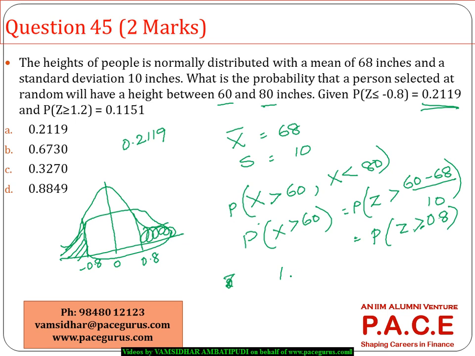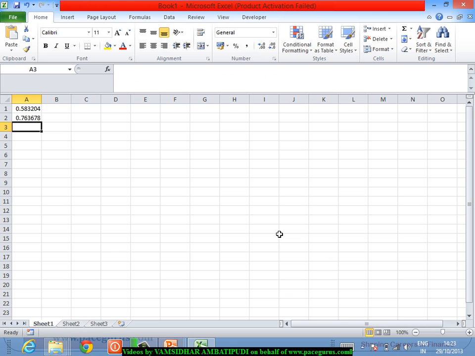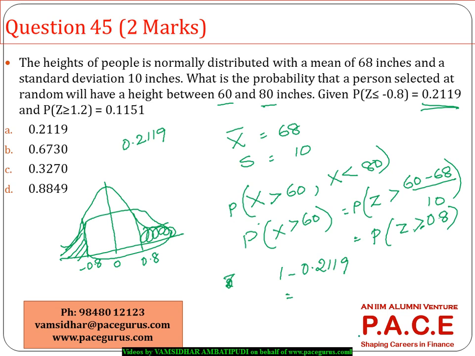So I would go for 1 minus 0.2119, working out to 0.7881.